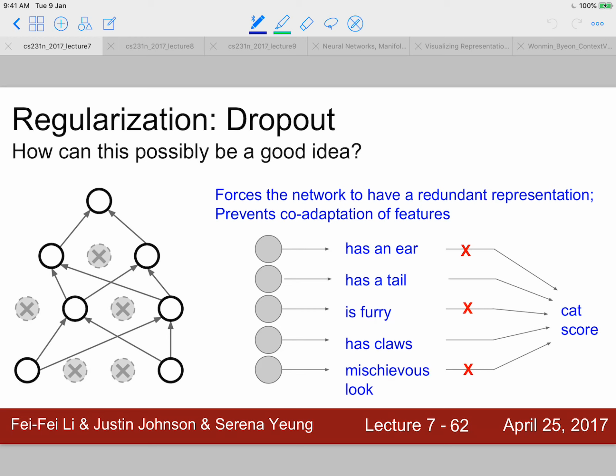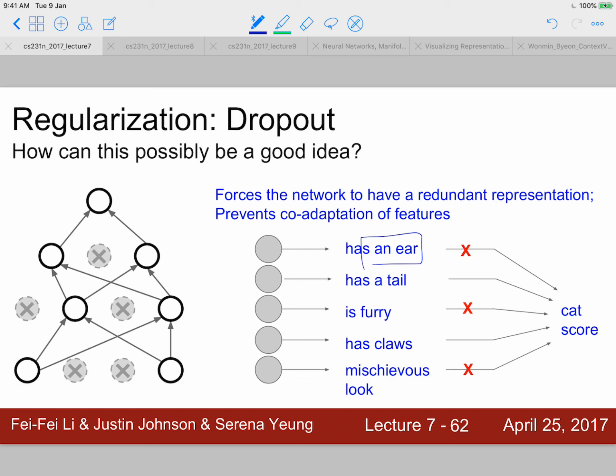So suppose in our training data, cat images all have the ear, for example, and this cat will have a lot of other characteristics or other features that will distinguish cat from other objects, right?